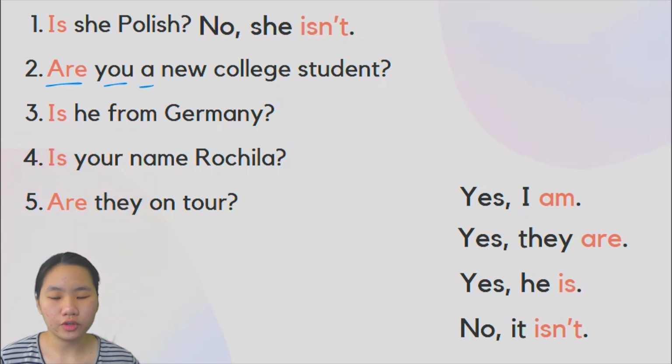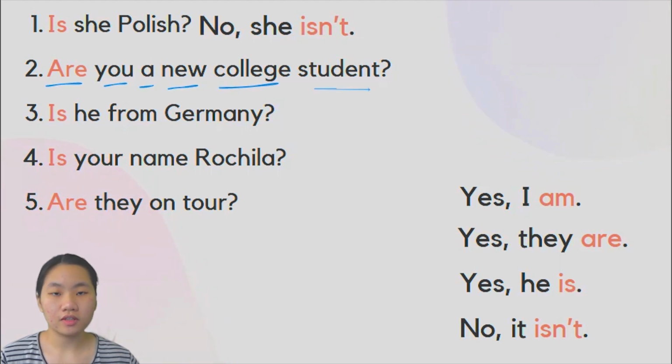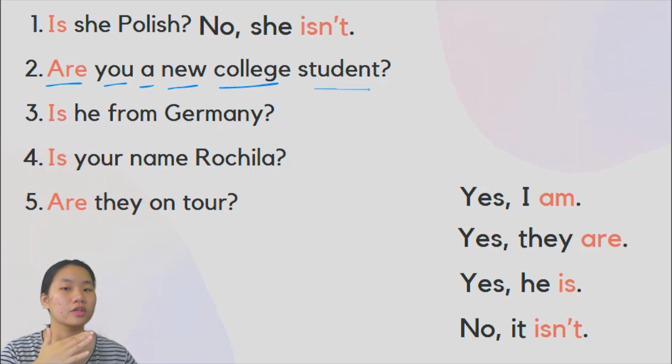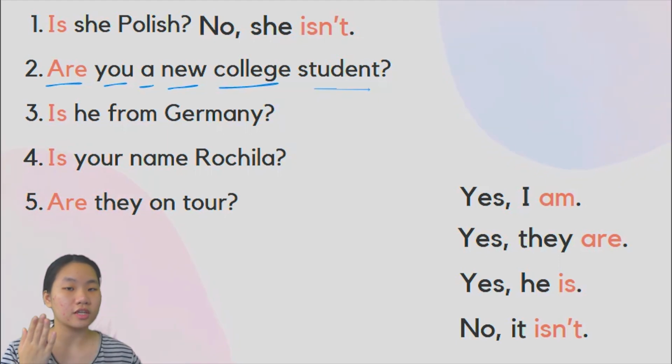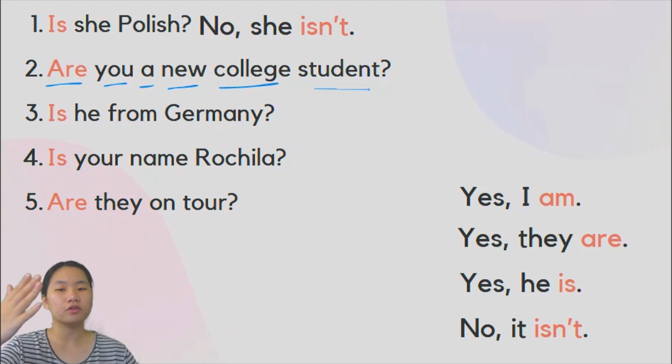Are you a new college student? Right? So when someone says, are you, reply as I, right? I am. Yes, I am. You don't say you because you're referring to the person that you're talking to.